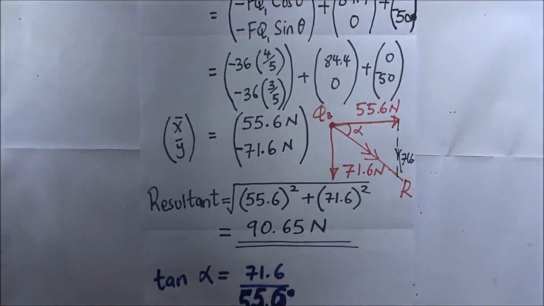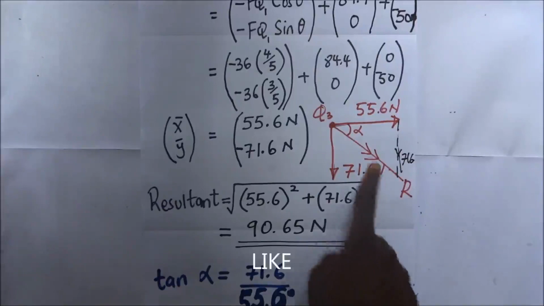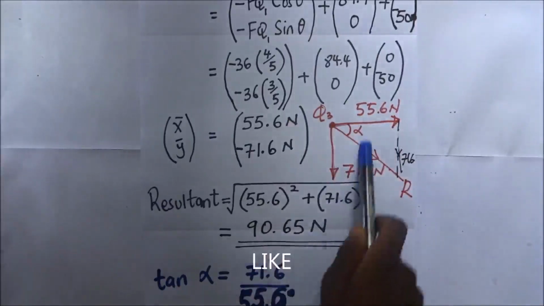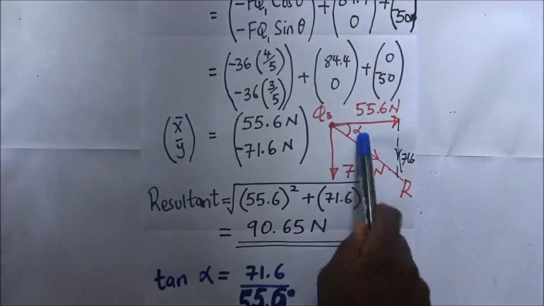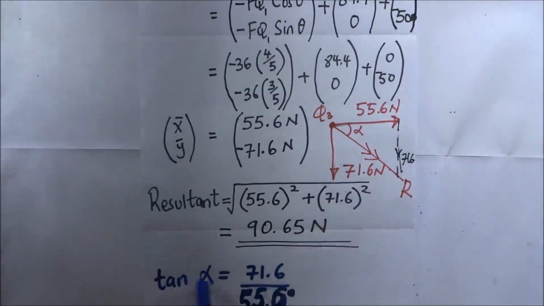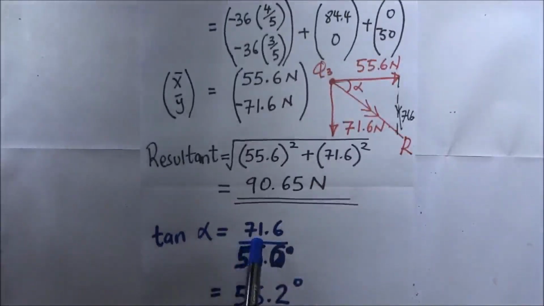So after getting the 90.65 newtons, now we seek to find the direction of the resultant force. The resultant force is inclined to the horizontal at a certain angle we have called alpha. So to get that angle alpha, we shall use trigonometry. Tan of alpha is going to be equal to opposite over adjacent.